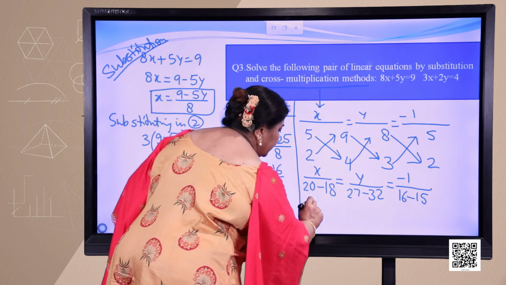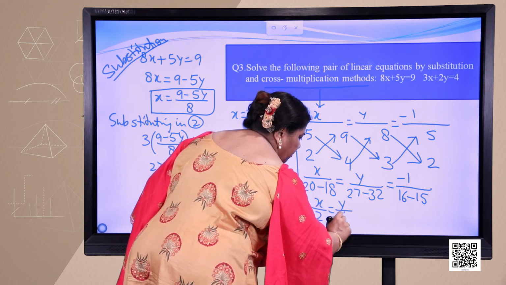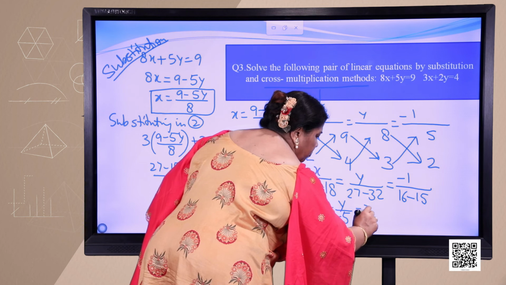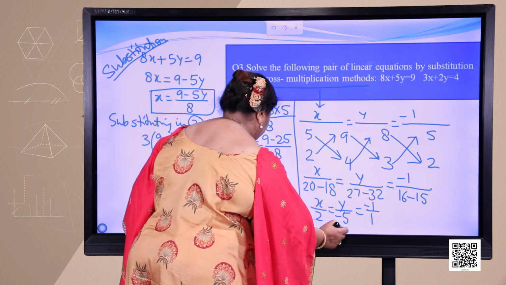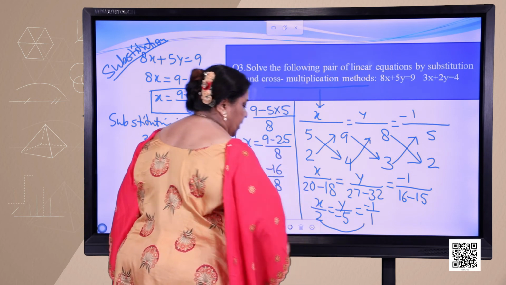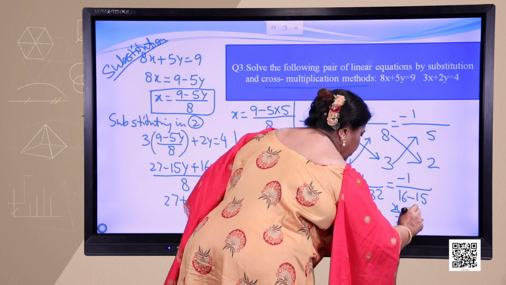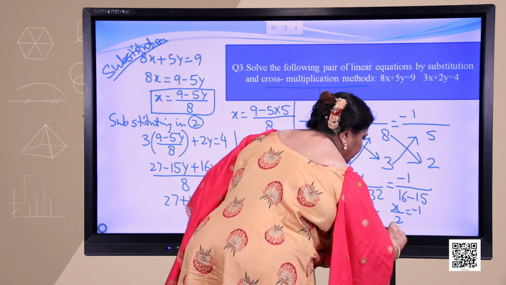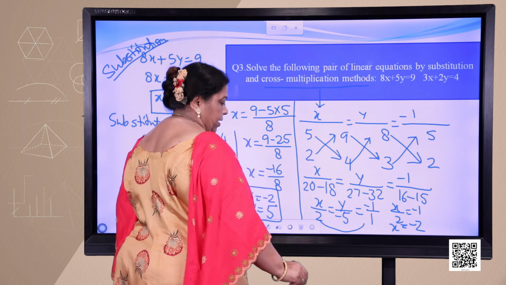Let us solve this. X upon 2 is equal to y upon minus 5 is equal to minus 1 upon 1. So, here if I cross multiply, x upon 2 is equal to minus 1, that gives me the value of x as minus 2. What about y?